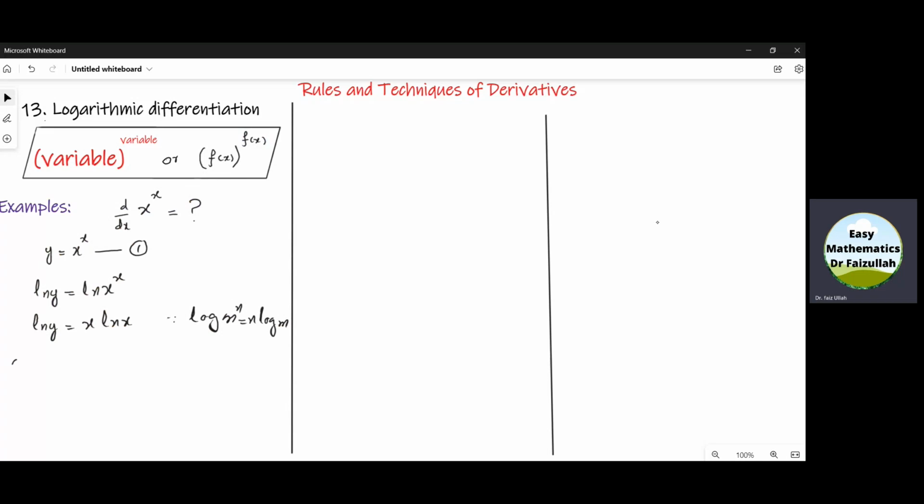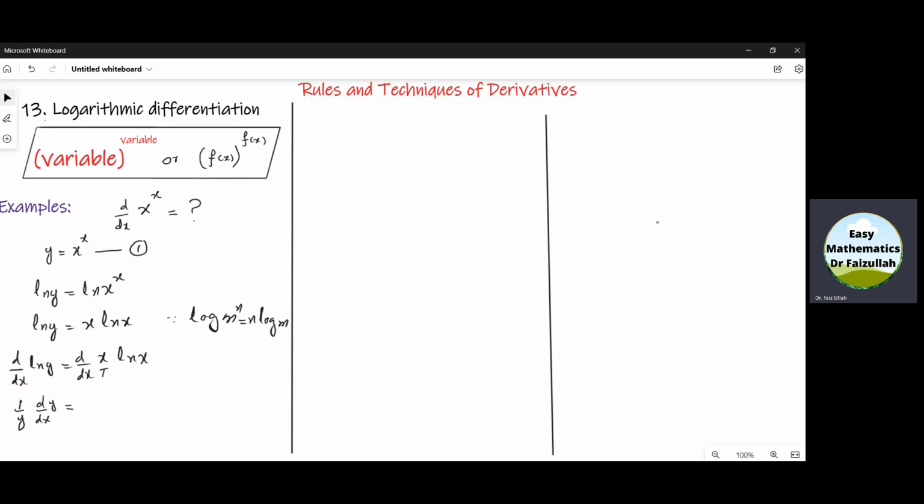And now we can differentiate both sides. So we have d by dx of x ln x. On the left hand side, we know that differentiation of log y is 1 over y, and then the inner differentiation with respect to x of y.